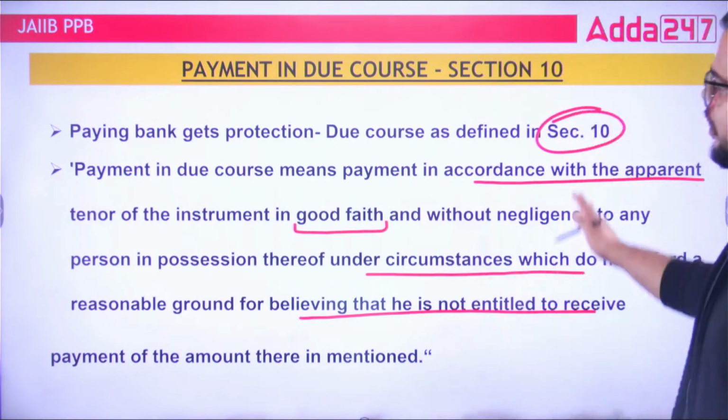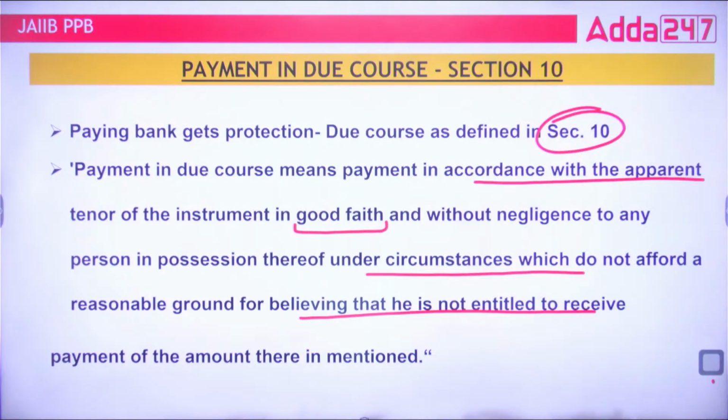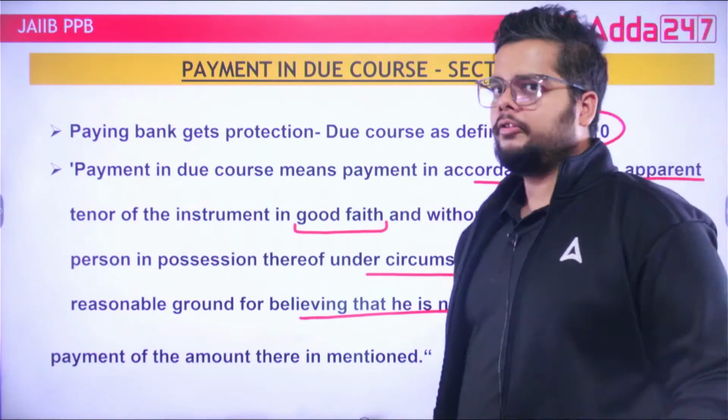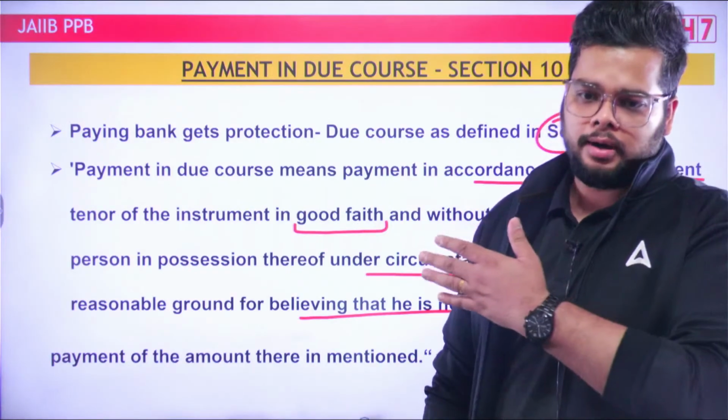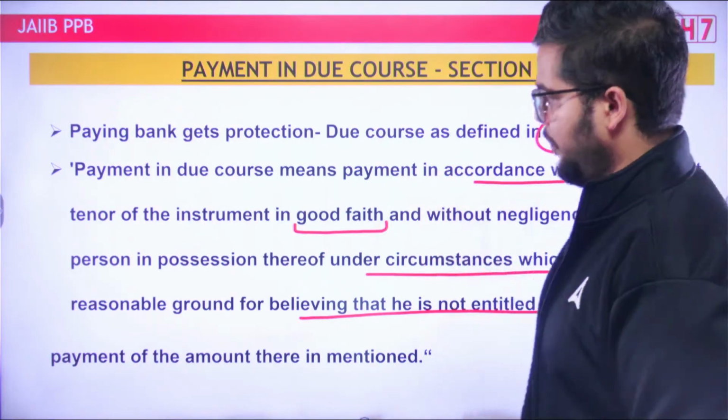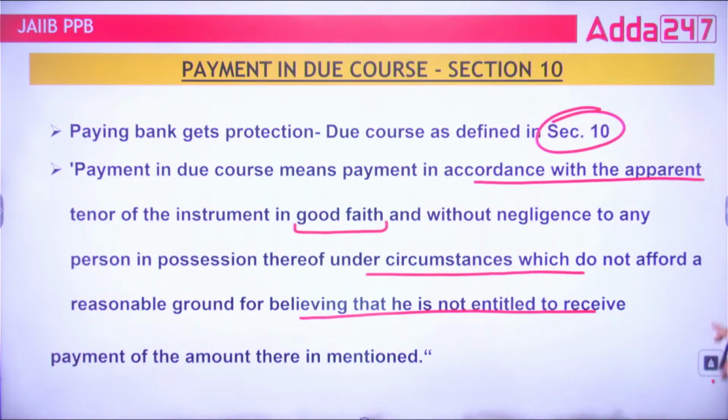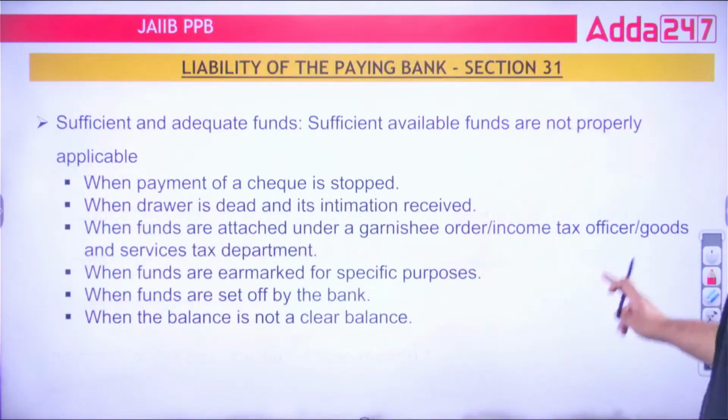So basically a particular protection has been provided to the paying bank if the bank is held accountable for a transaction amount. So it is defined under which section? Section 10.